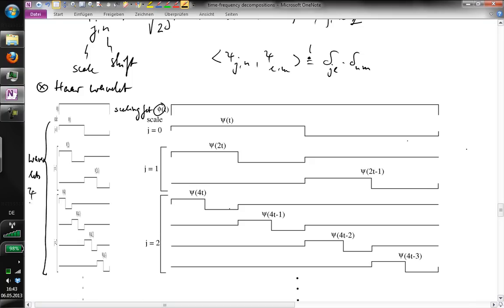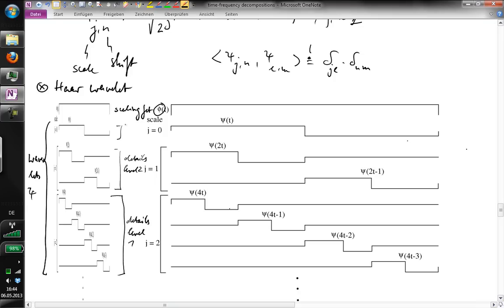Now you see these here, for example, are the four wavelets that are associated, in the length 8 example that I had shown, with the details at level 1. And then these here are associated with the details at level 2.